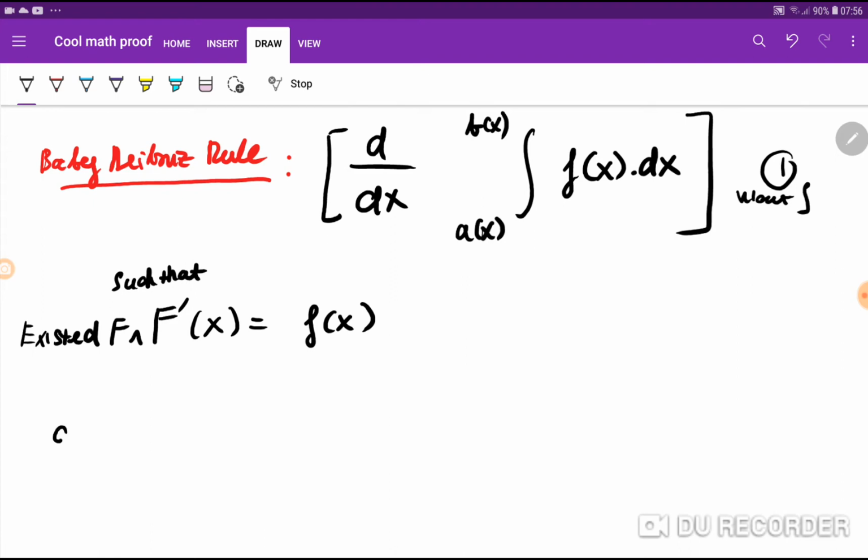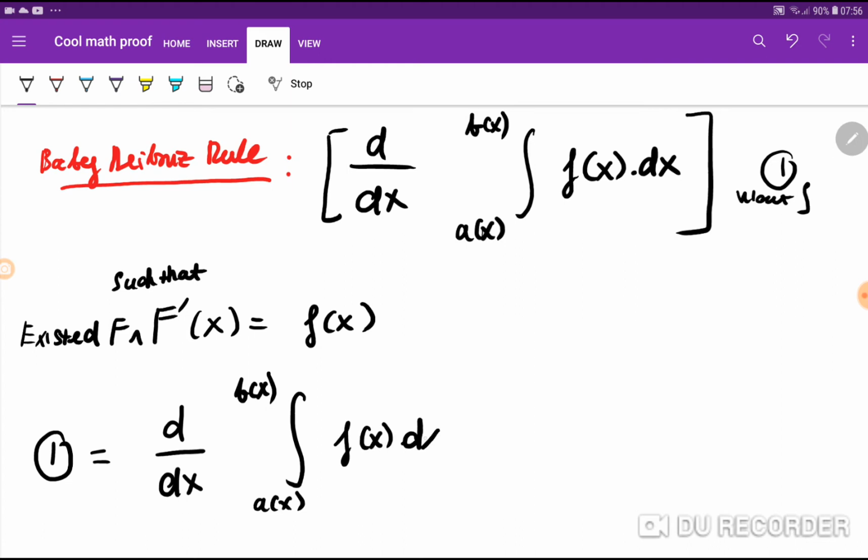So what I'm going to do is d over dx. We want to calculate this, right? What is it equal to? First, you write out the original version of the problem, and then you plug in what you have. I'm going to plug F prime of x into that.